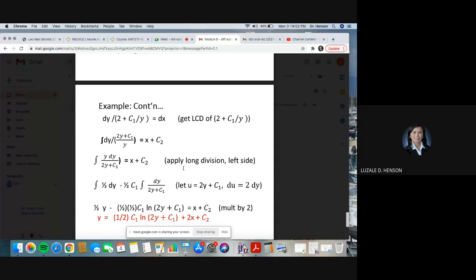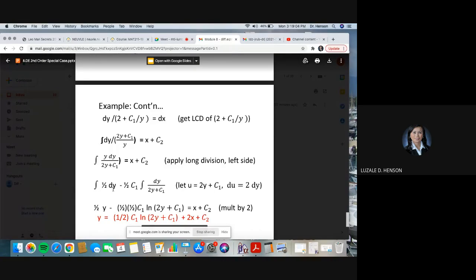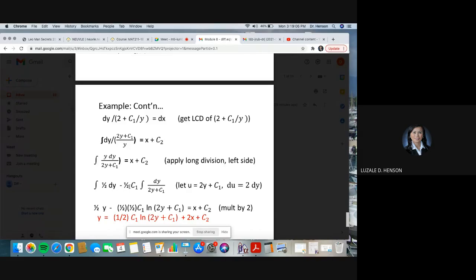So the result, or the quotient, is 1/2 dy minus the remainder, which is 1/2 of 1/2 divided by 2y plus c1. But there's a c sub 1 ulit kasi from our expression, we have a c sub 1 as our constant, arbitrary constant after multiplying.